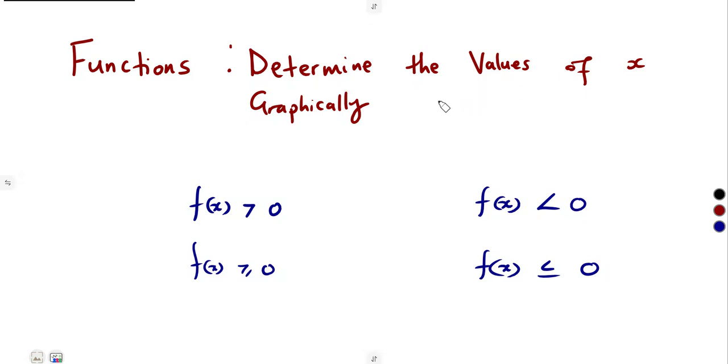It can be the value or values of x depending on the part that you are given in the question. So this part must be done graphically. We are to determine the values of x graphically, meaning we are to use the graphs, the information that you are given graphically.